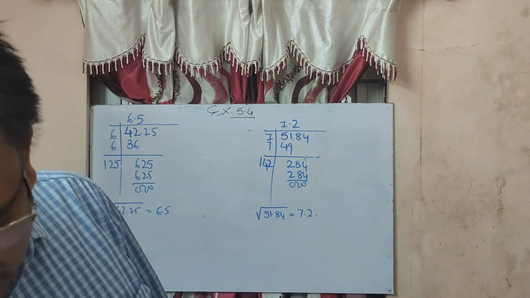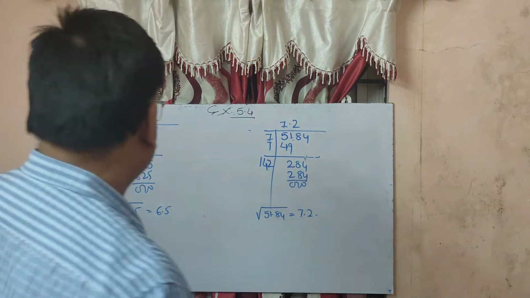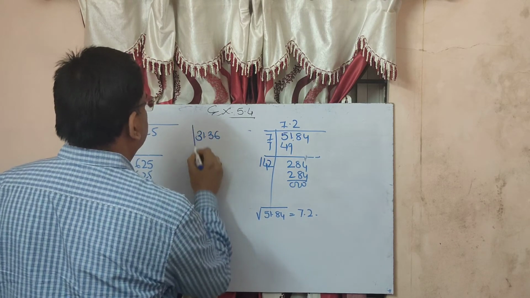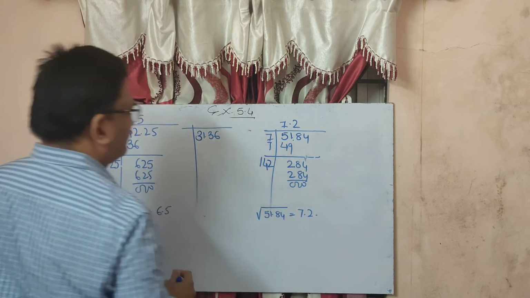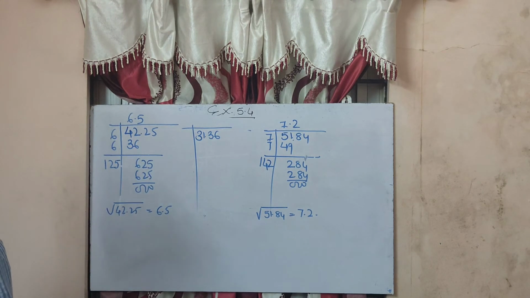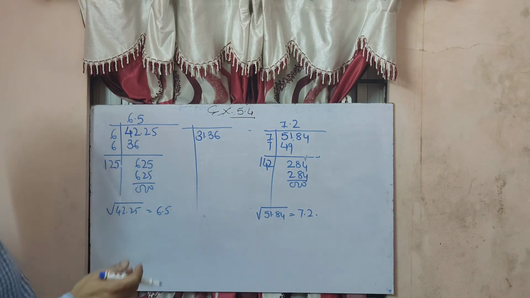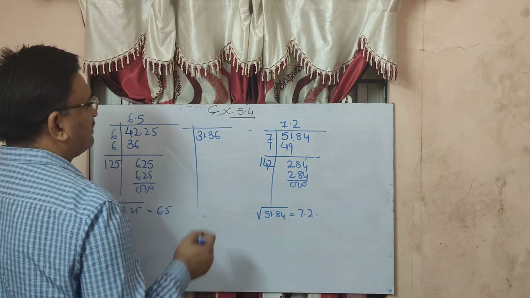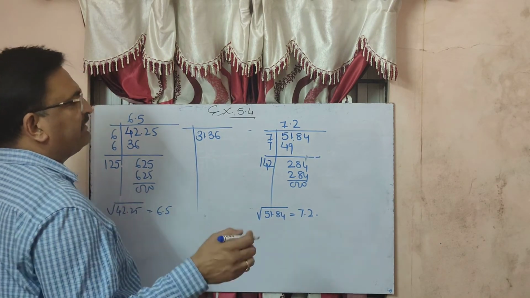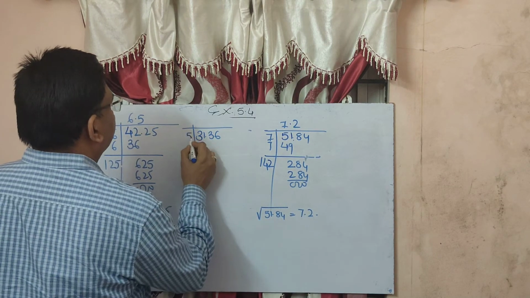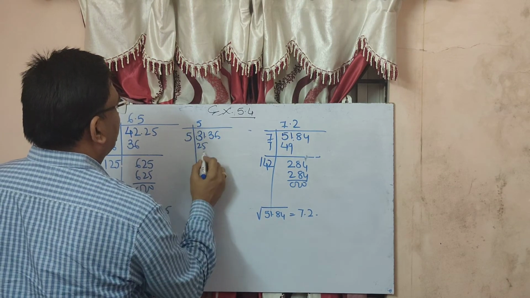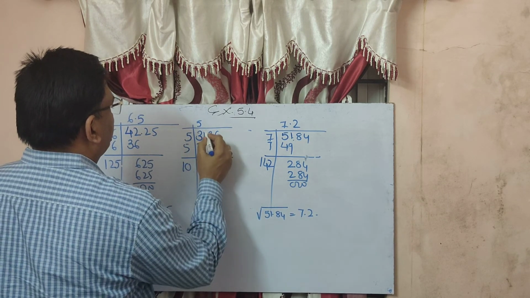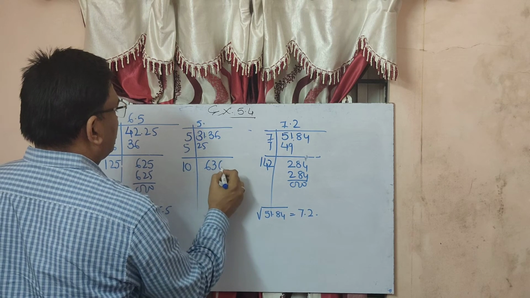And the last question, 31.36. We'll do it. 31.36. Just forget about the point whenever you saw the example and remember to put the point afterwards. Again, four numbers. Now this 31 is near to which number? 4 4s are 16. 5 5s are 25. So 5 5s are 25. So 6 remaining. 5 plus 5, 10. Point is there. Put point and 36, take it down.